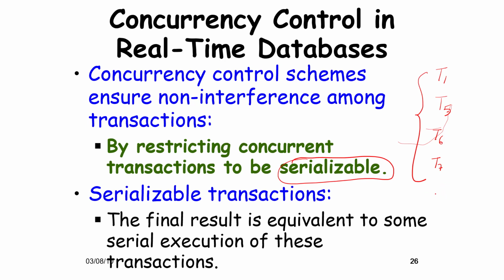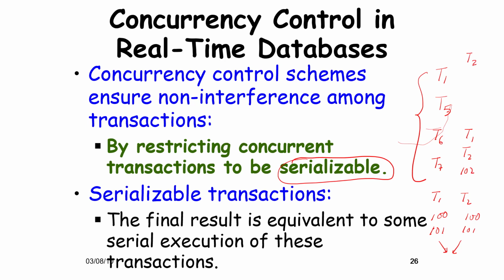If you see our account.balance example, where we had two transactions, both were reading the value 100, and then both were writing the value 101 to the final balance, this is not equivalent to a serial schedule. Because if T1 executes first and then T2, the final balance is 102.